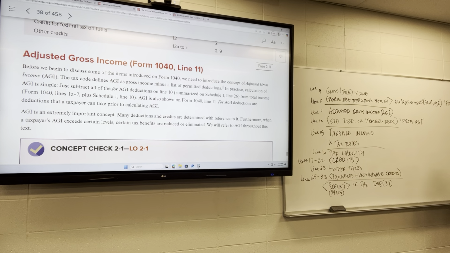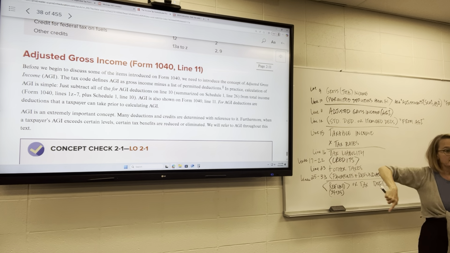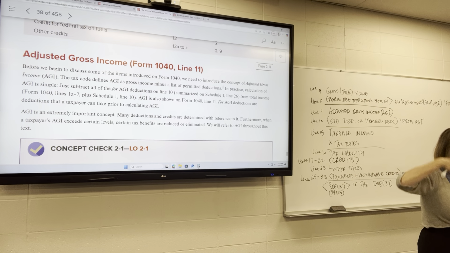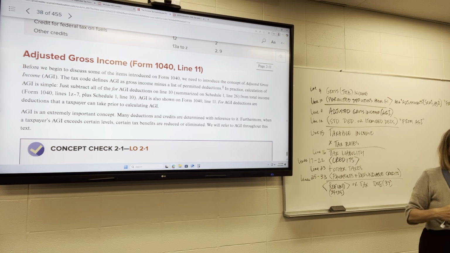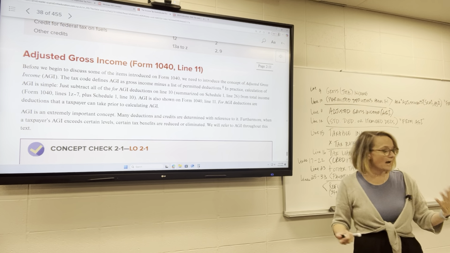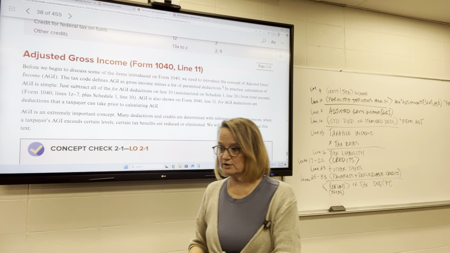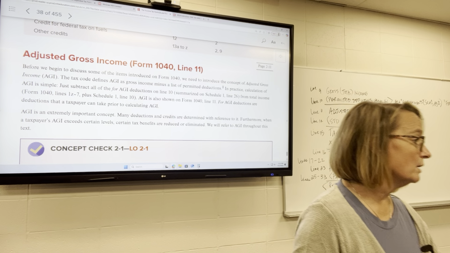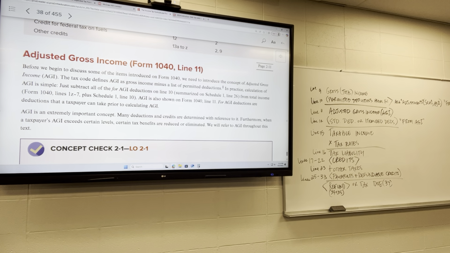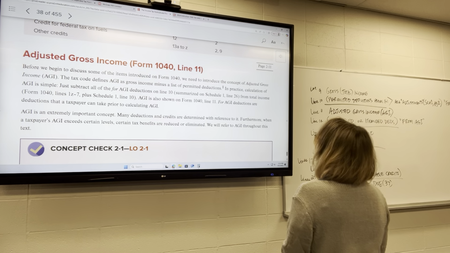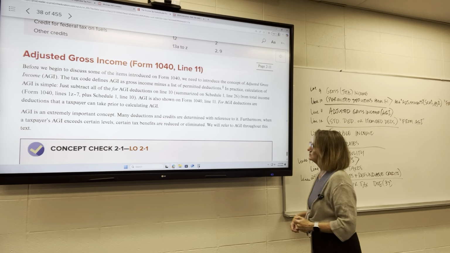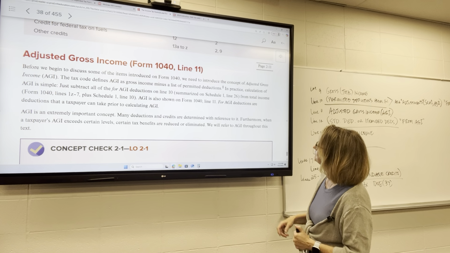AGI is the line. So it's either above the line or below the line, and whether or not a deduction is above or below the line will affect other items, other credits and deductions that show up in other places on the tax return. You're going to see that, and I'll point it out when we get to those other types of deductions and credits. Hey, remember when I said above the line and below the line and for AGI? That's what it's referring to.